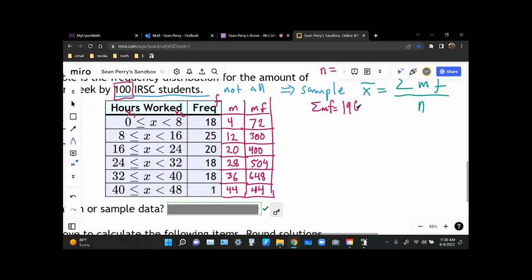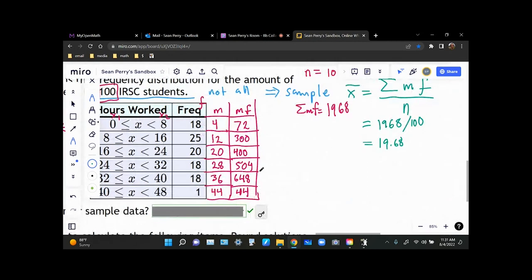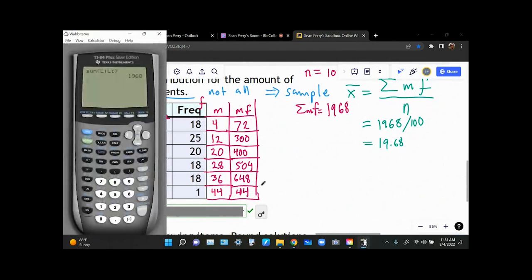That's 1968. And then you can see from the formula, all we have to do now is divide by 100. And that's going to be 19.68. But I'd like to also show you a way that we could get this on the calculator.